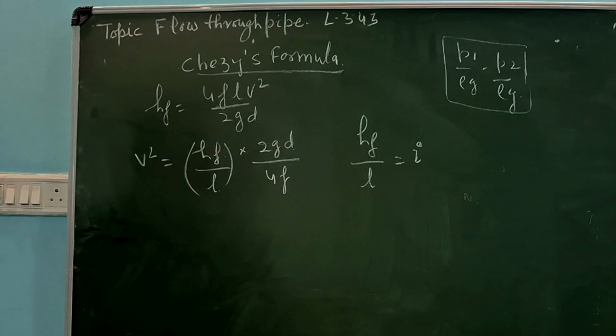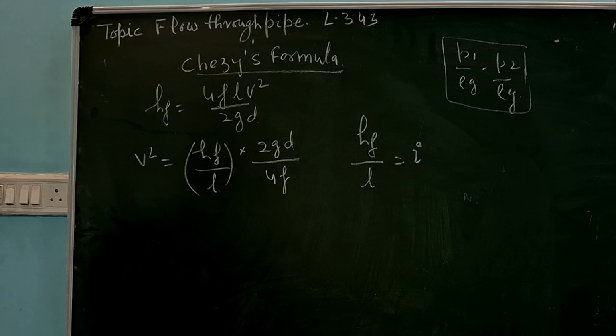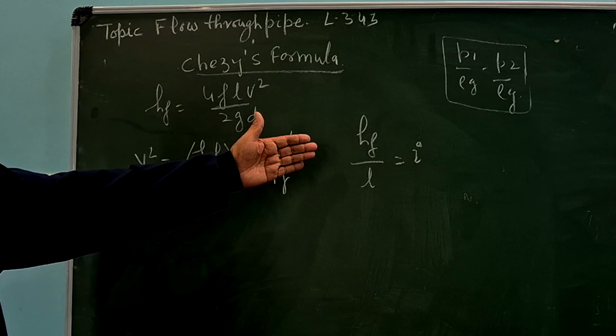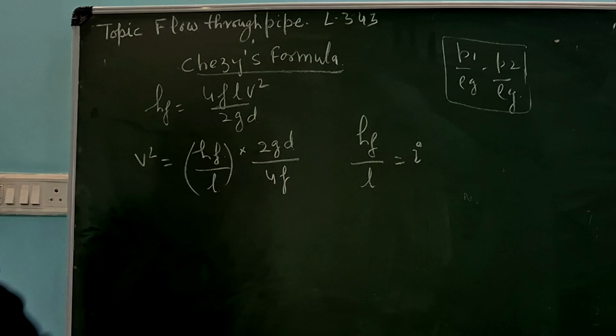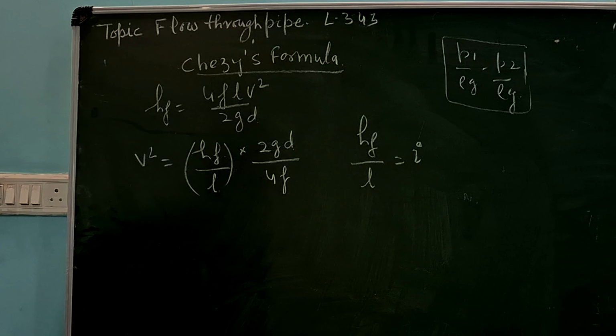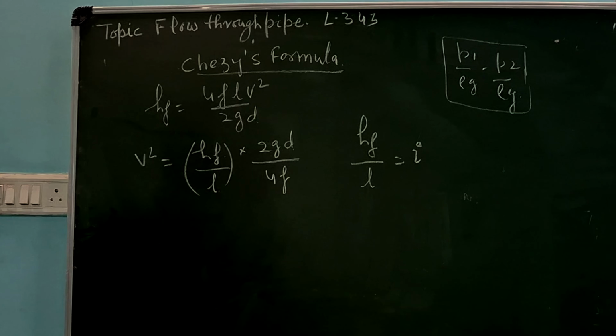That is the slope or gradient. This is hf, the head loss, divided by the length of the pipe. This i is the slope or gradient of flow.